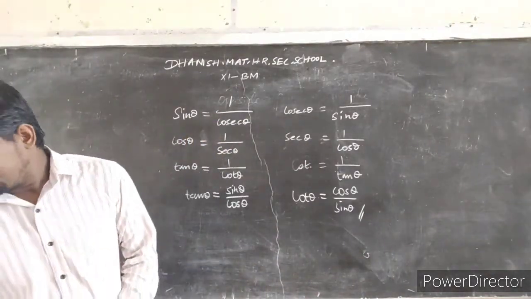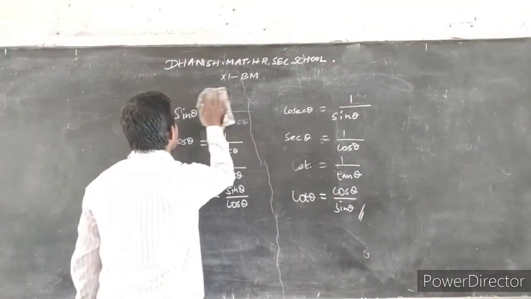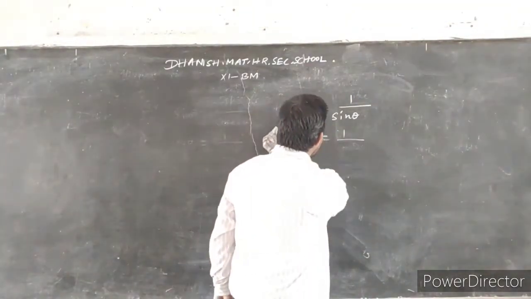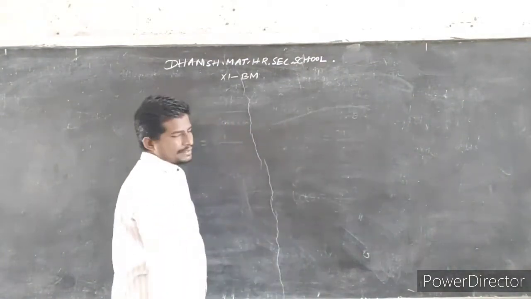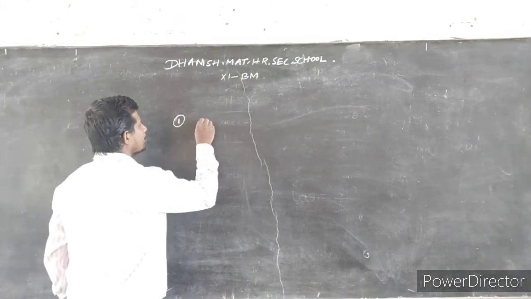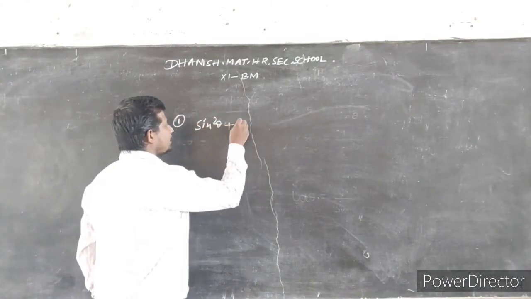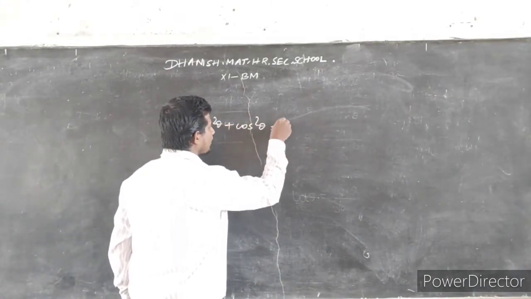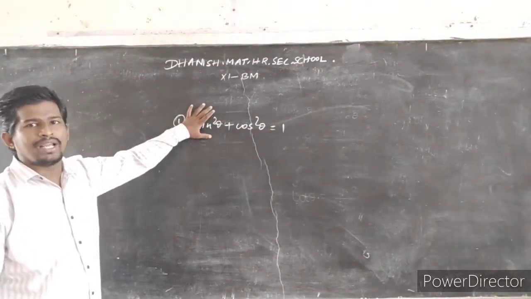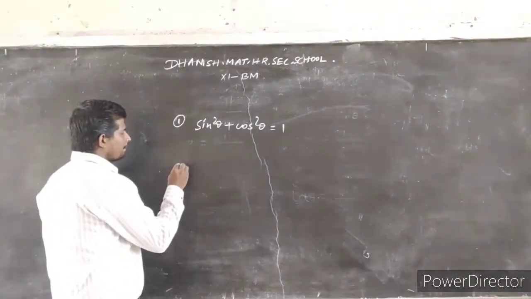Now, we are going to learn 3 important identities in trigonometry. First one, sin square theta plus cos square theta equal to 1. This is our first identity. From this, we can write 2 more identities. We will write it later.